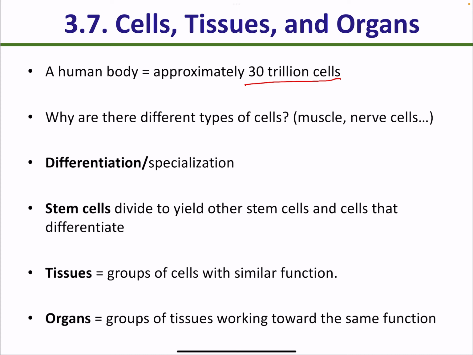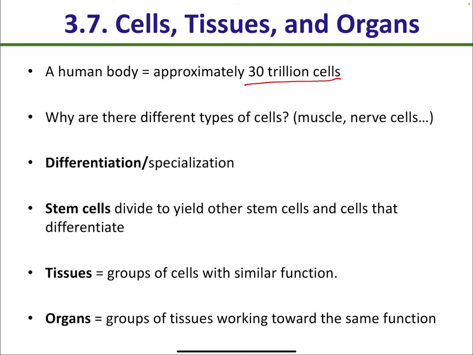You have, for instance, your muscle cells, you have your nerve cells, you have your white blood cells. All the cells in your body look different, they do different jobs, yet they contain the exact same genetic information.